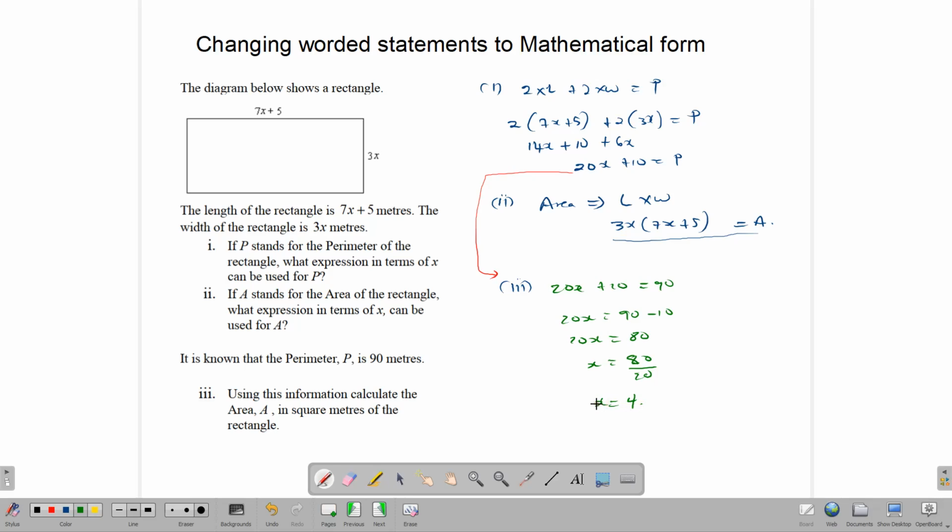So knowing that the value of x is 4, we can now try to work out from here the value of the area.